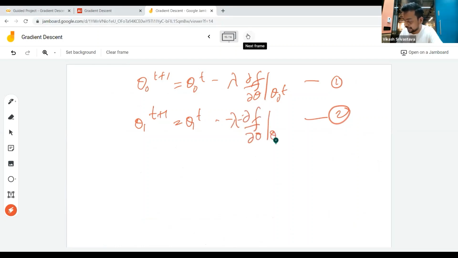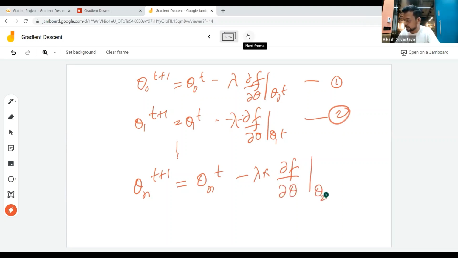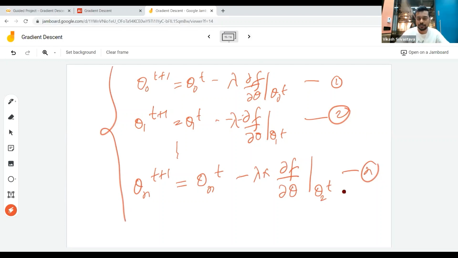Similarly, we'll have n equations because there are n model parameters, and this is the equation for the tth iteration. So at the tth iteration, we calculate this, and this is the nth equation. All these n equations will be updated simultaneously because we are at the tth iteration only. Does that make sense, everyone?